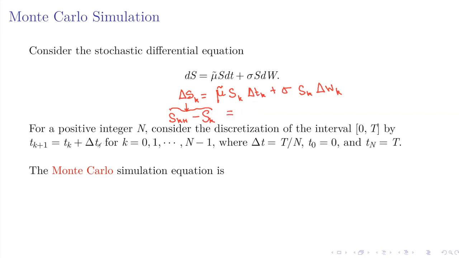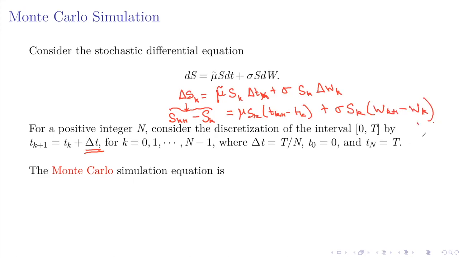That is equal to mu S_k, and we will not put delta t_k because we are working with uniformly discretized grid points. Therefore, all delta t_k are equal to delta t. This is t_{k+1} minus t_k, plus sigma S_k into (W_{k+1} minus W_k), right?